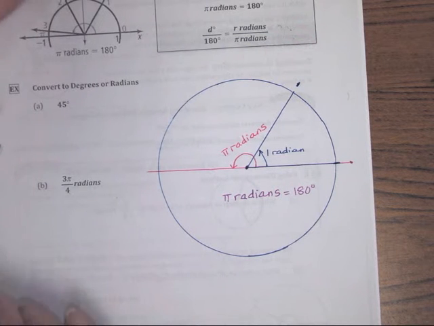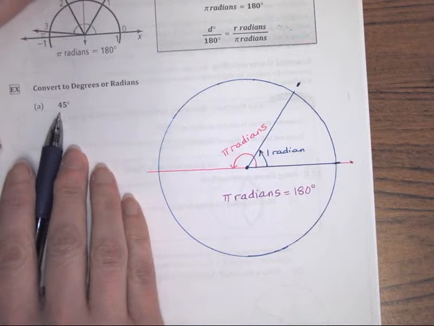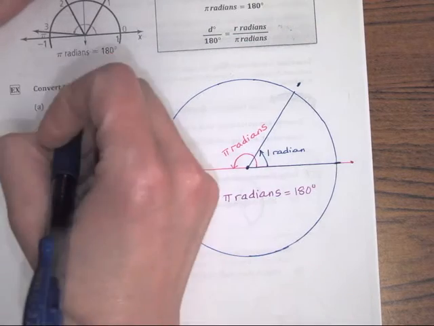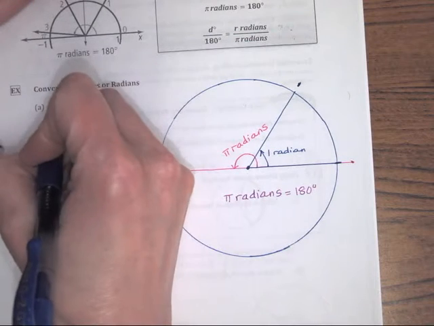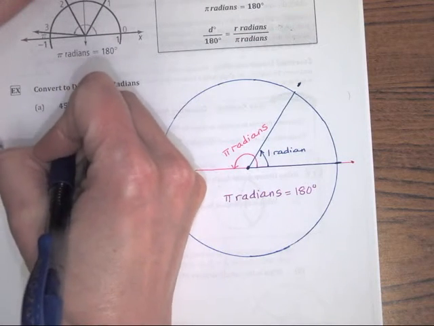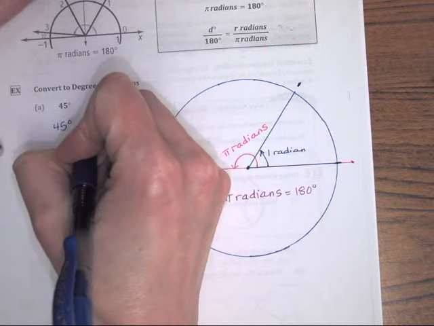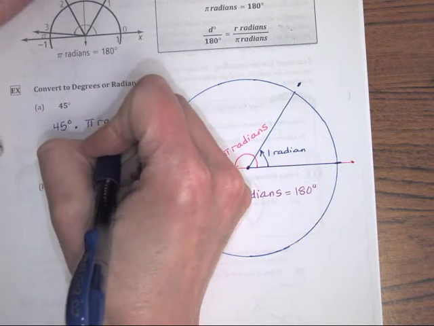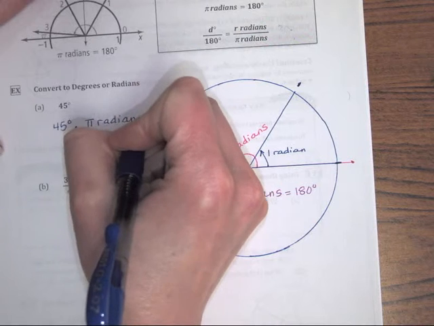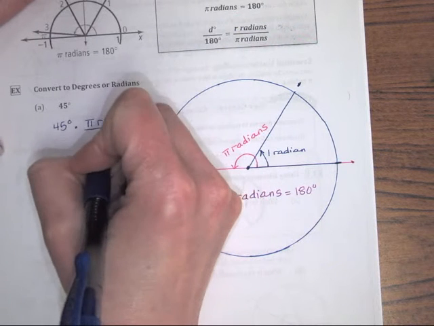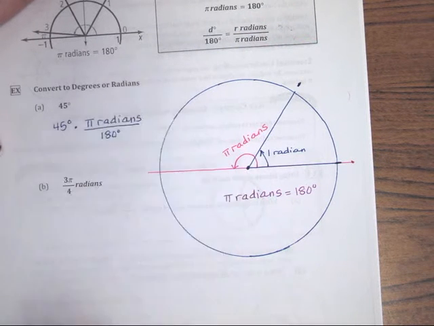Let me show you how we do that. I have 45 degrees, okay? So I'm going to convert it to radians. So 45 degrees, I can multiply this by pi radians over 180 degrees. All right?